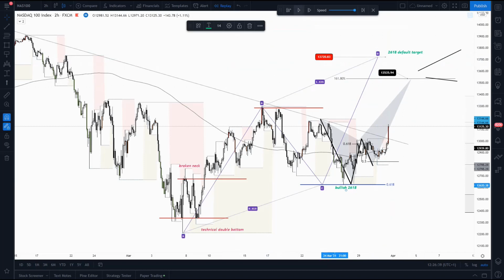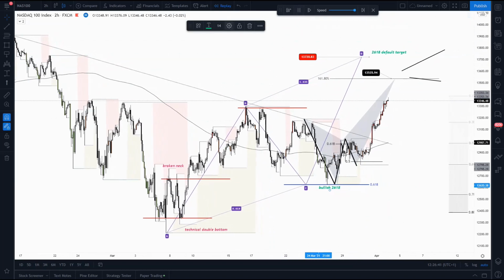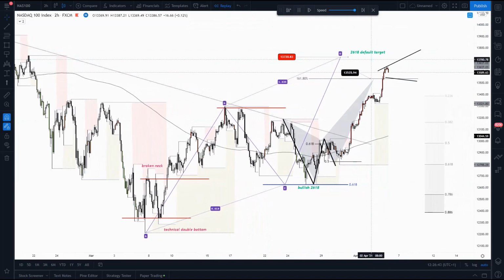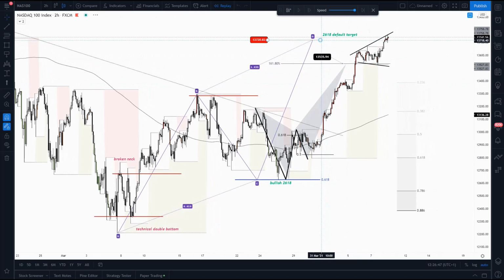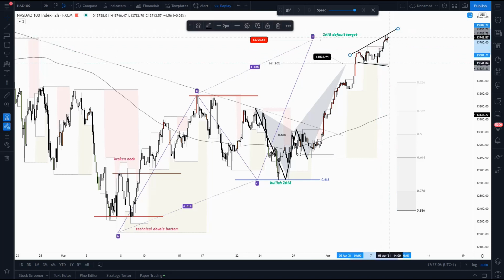As we can see, the price has completed the sequence, and it is trading, at least for now, the symmetrical ABCD pattern projected at 13,720.